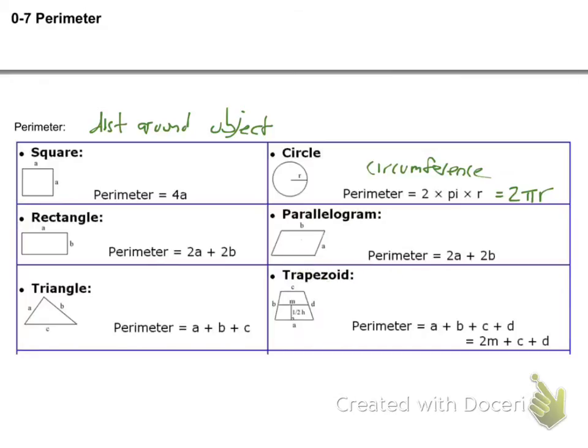So that's kind of nice. Trapezoids are a little different because you could have 4 different lengths: the top base, the bottom base, and then your 2 slanted sides. So A plus B plus C plus D. There's a couple different options there.